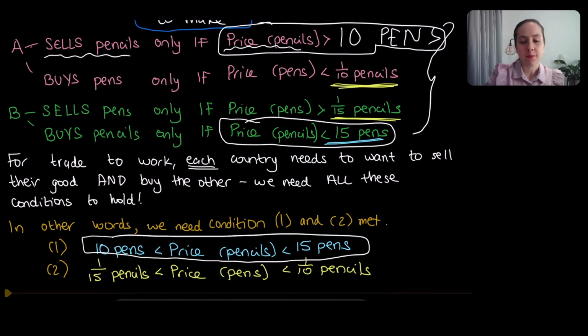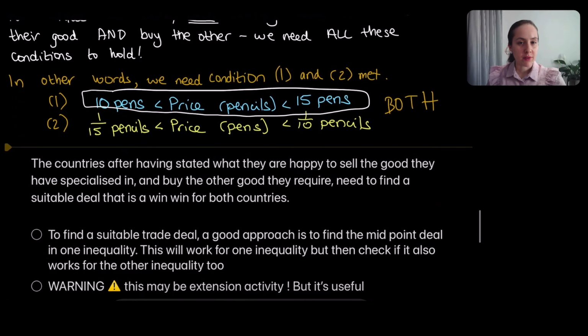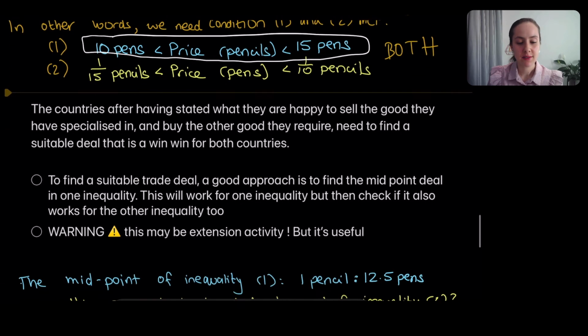And at the same time, the price of pens has to be both greater than 1 in 15 pencils and smaller than 1 in 10 pencils. And we have to meet both of these conditions. Both of these things have to hold. Otherwise, trade doesn't happen. It won't be in their interests.